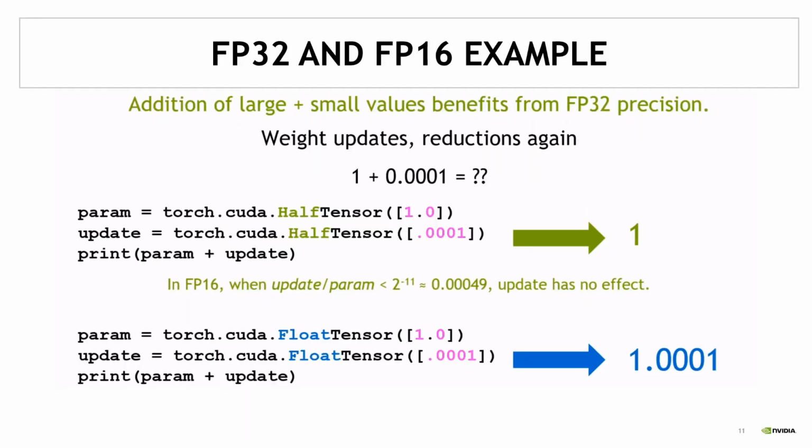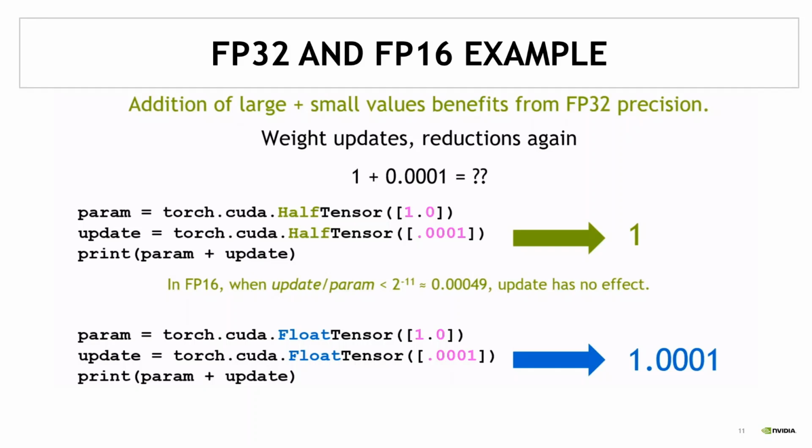Let's look at another example. This is another example of an operation that benefits from the precision of FP32. Our example is small values plus big values, and the example can be the weights of our neural network. When you update your weights with gradients that are small, you need a lot of precision to capture that update to continue training.